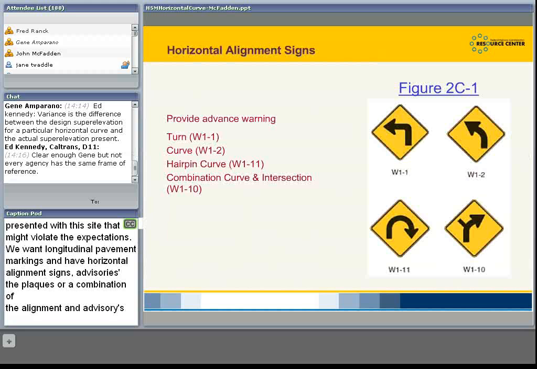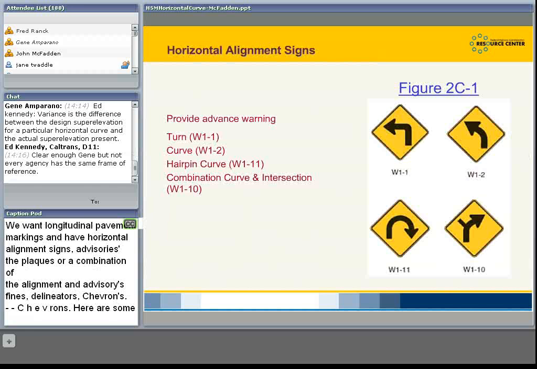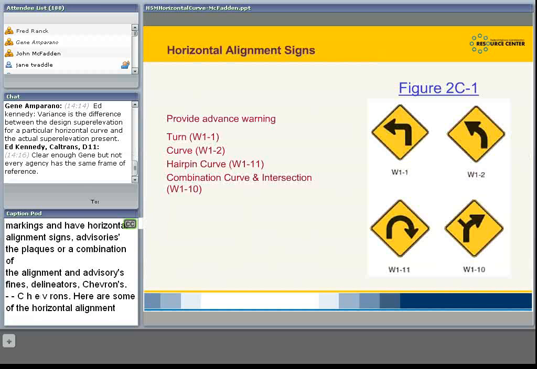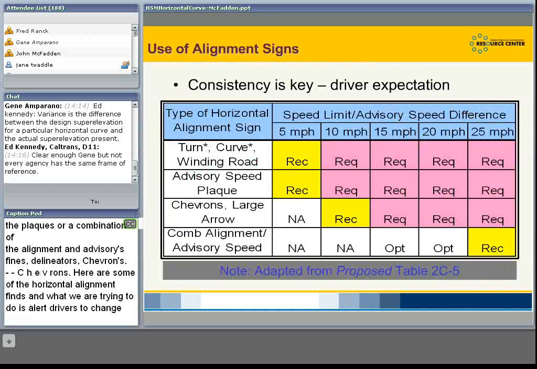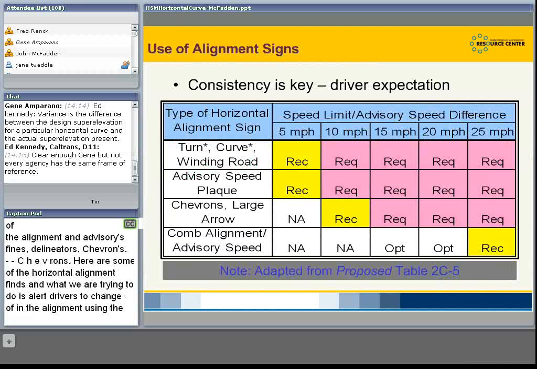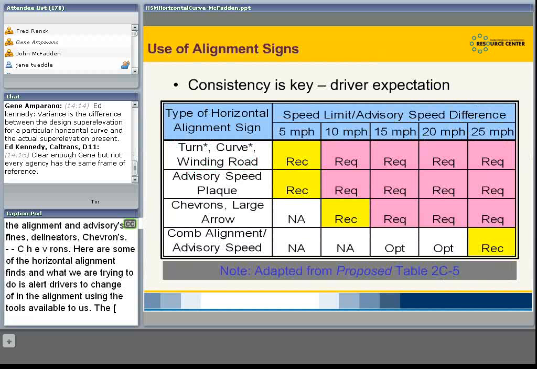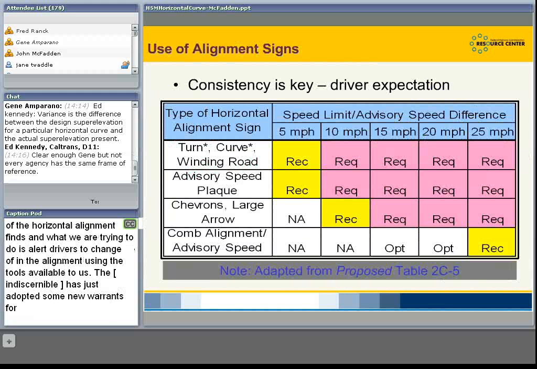So for example, we want to make sure we have longitudinal pavement markings, and where warranted, horizontal alignment signs, speed advisory plaques, or a combination of the alignment and advisory placard signs, delineators, and chevrons. This slide illustrates a 4 to 6 inch yellow stripe pattern, and edge line markings, ensuring that the sites that require edge line markings include them.